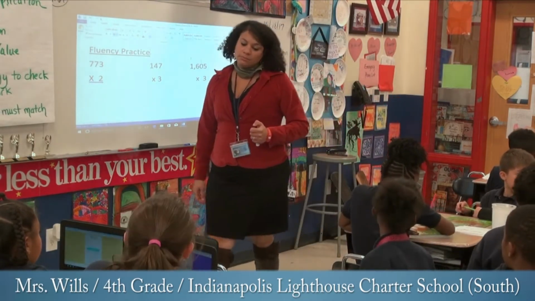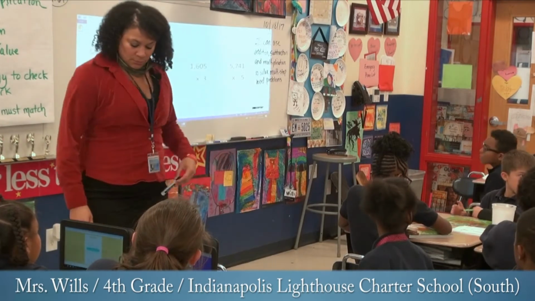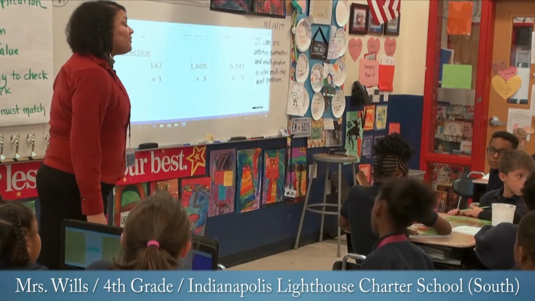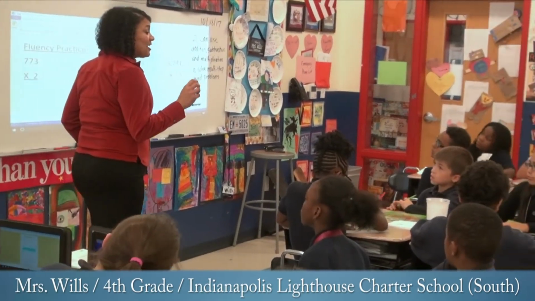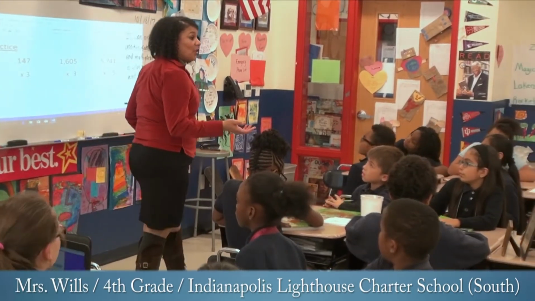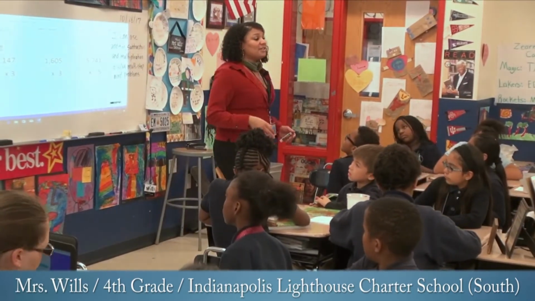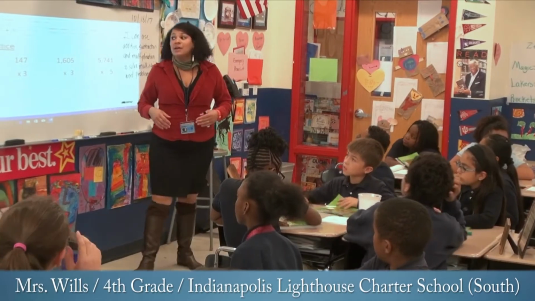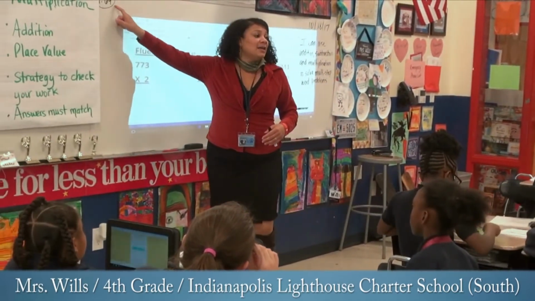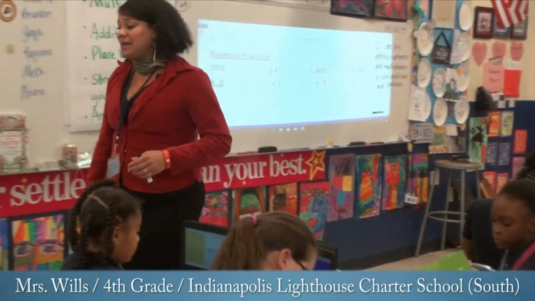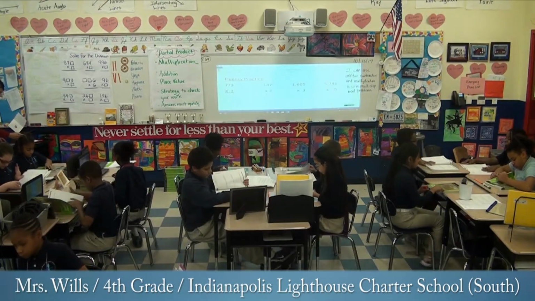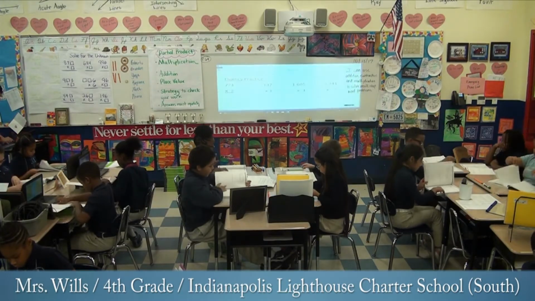A multi-step word problem is a word problem that has many steps to it before you find your answer. Very good. And today, a lot of our problems are going to have 2 or 3 steps. All right? So for our concept development, boys and girls, we're going to use our problem sets, which can be found on page 69. Go ahead and turn to page 69 in your Eureka book.